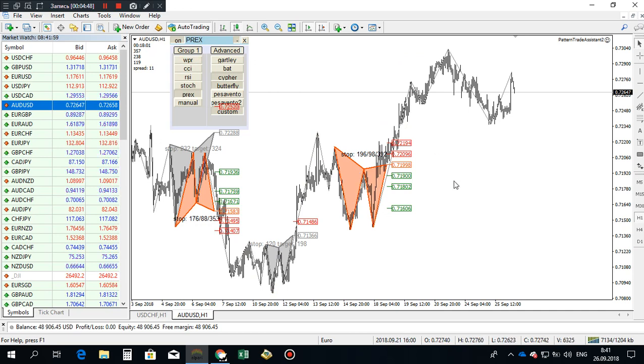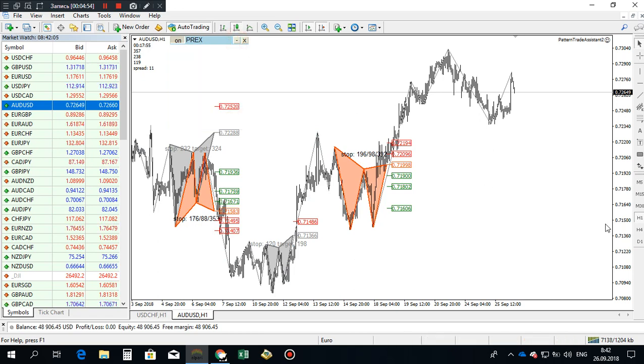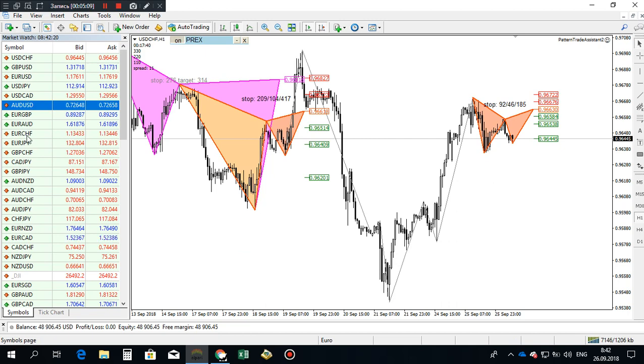Just use what you have backtested and what you're confident with. The same with pattern, group 1, group 2. Okay. Wow, so a potential unified godly that already completed on Aussie dollar, and it is moving to the downside. I think that's enough for Forex pairs.